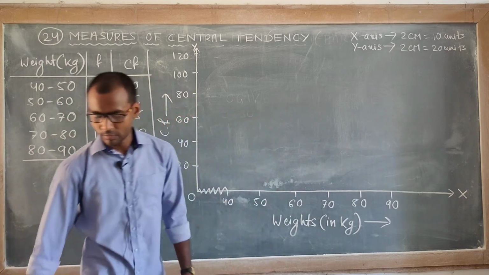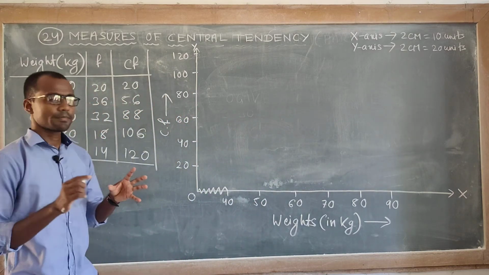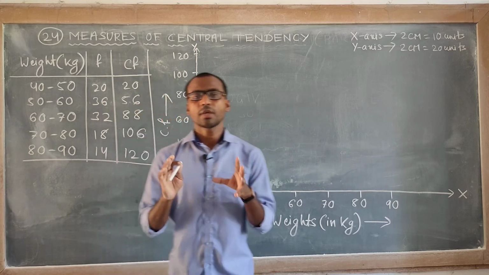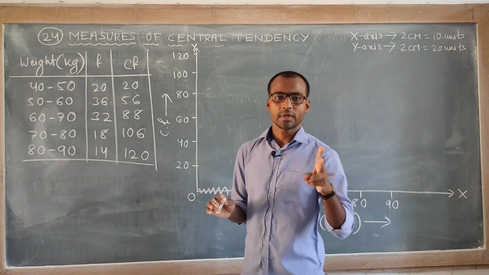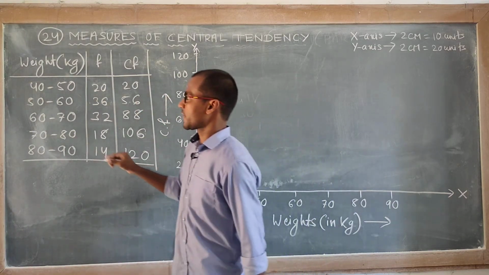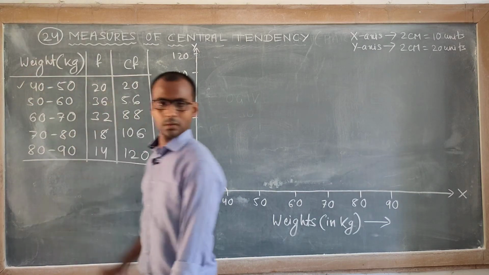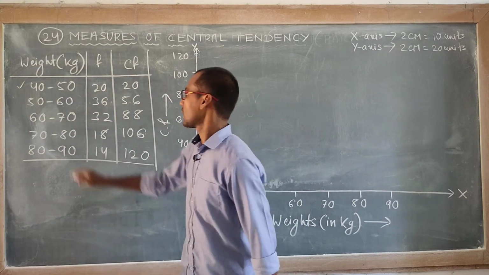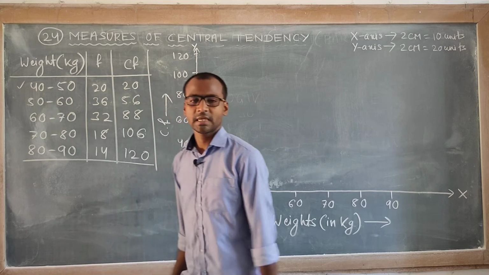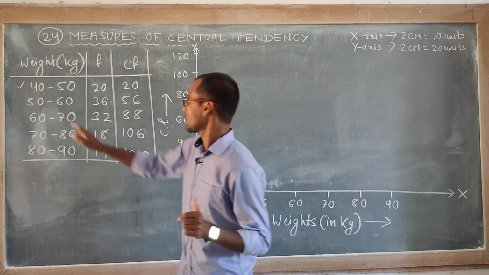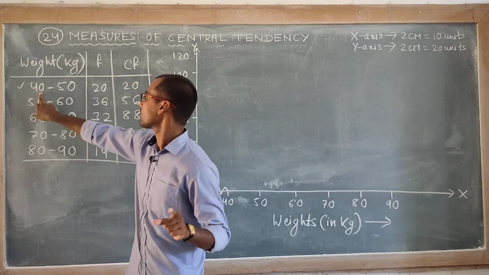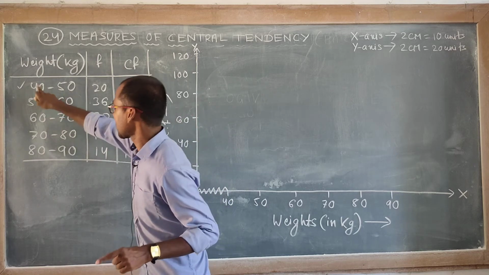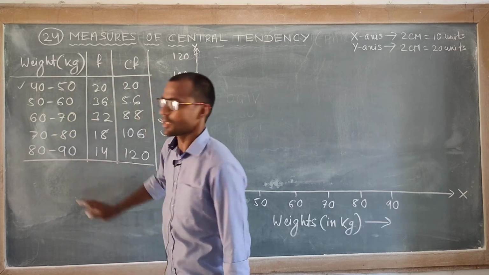Now how to draw the OG? Simply we will plot the coordinates like xy coordinates. See the first class interval. It is 40 to 50. Take the lower limit. Which is the lower limit? 40 is the lower limit. 50 is the upper limit. These are lower limits. These are upper limits.